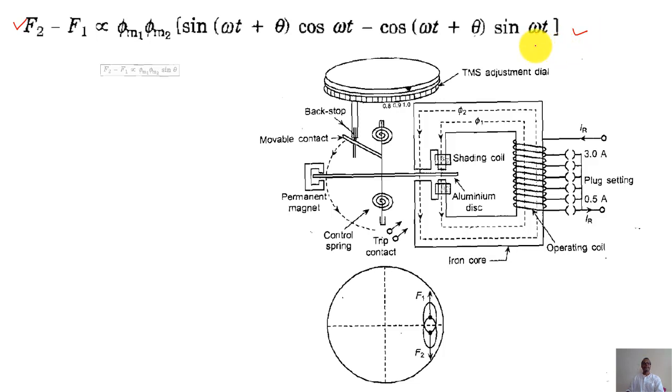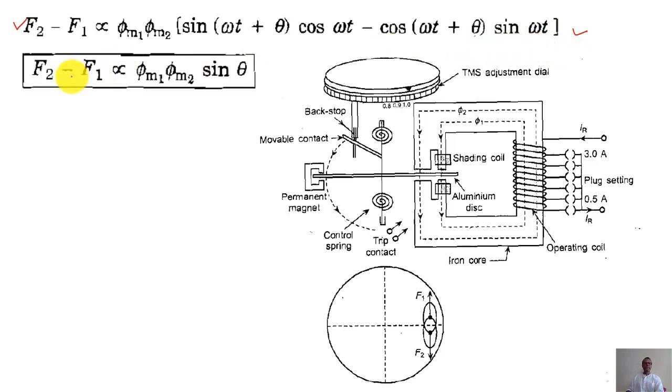Okay. Now we see that F2 minus F1 will be directly proportional to phi m1 into phi m2 sine theta. If we simplify this expression, we get sine theta.